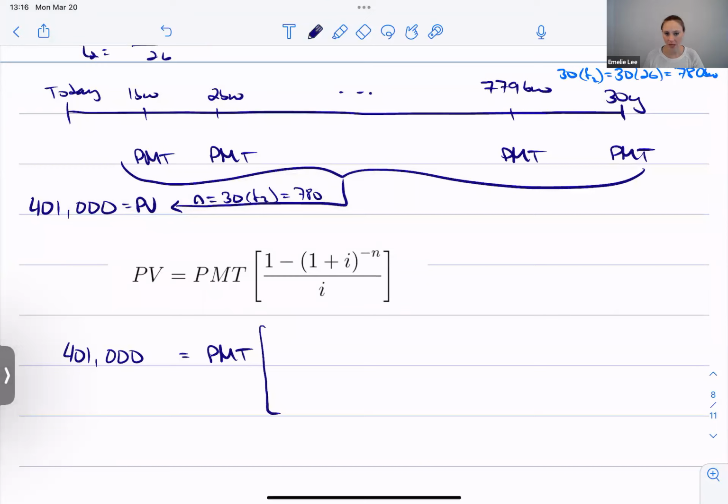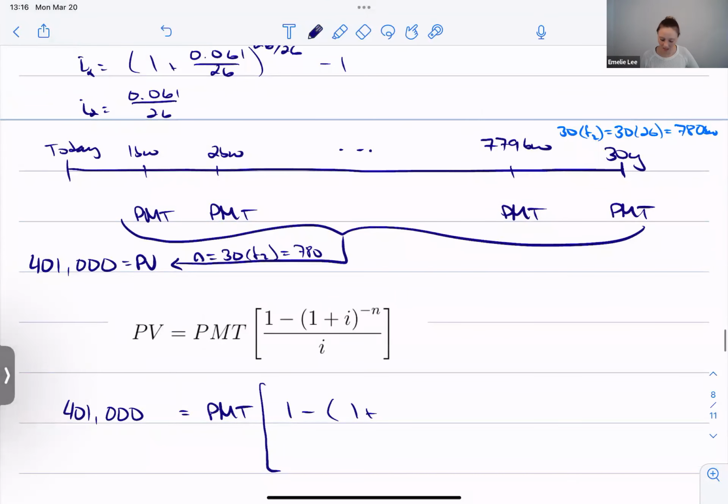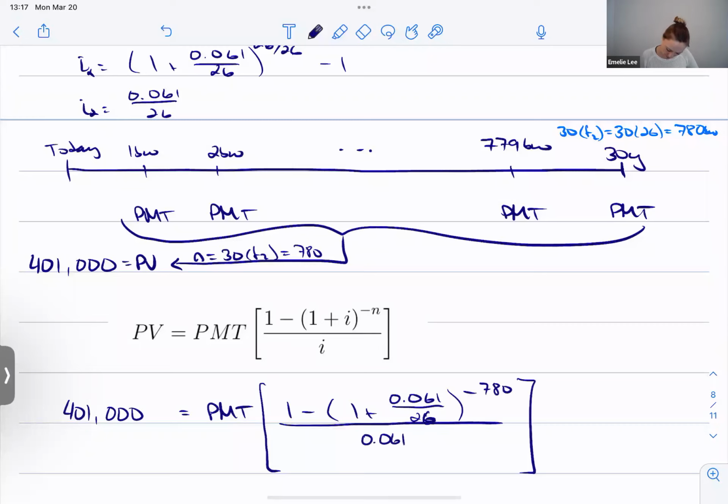So then I have the payment amount is 1 minus 1 plus. Now remember, I didn't simplify it, and I don't want you to round it either, okay? Because if you round it, it can make some severe changes that you don't want in your calculations. Divided by I, which is 0.061 divided by 26.